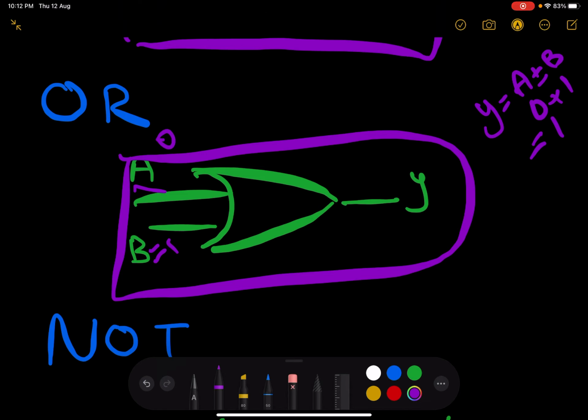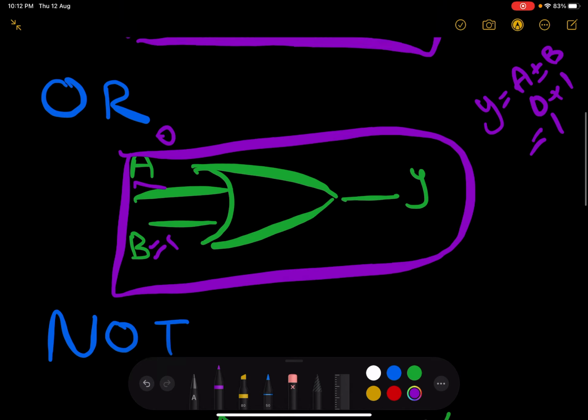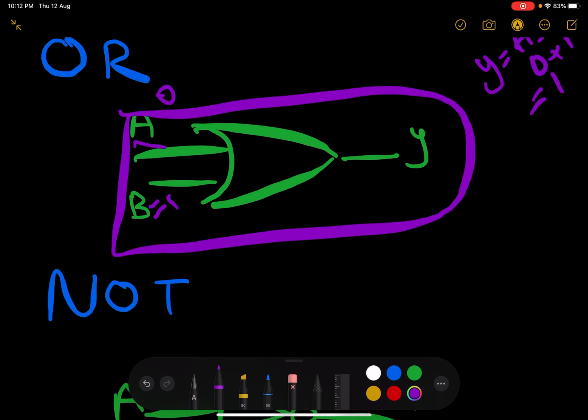To get your output as 1, you should have at least one of your inputs as 1. And if you want the output to be 0, you should have both inputs as zeros. So 0 plus 0 gives us 0.